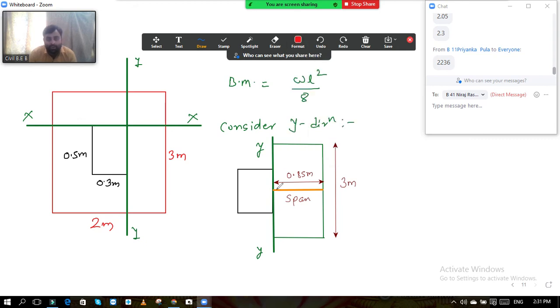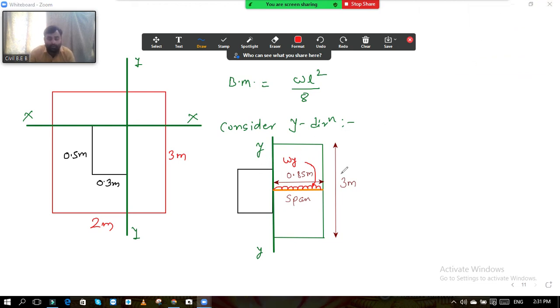We will calculate the UDL on this length, and let the intensity of this UDL be WY kilonewton per meter. We don't know it yet. This is the unit, kilonewton per meter. Now we know sigma.